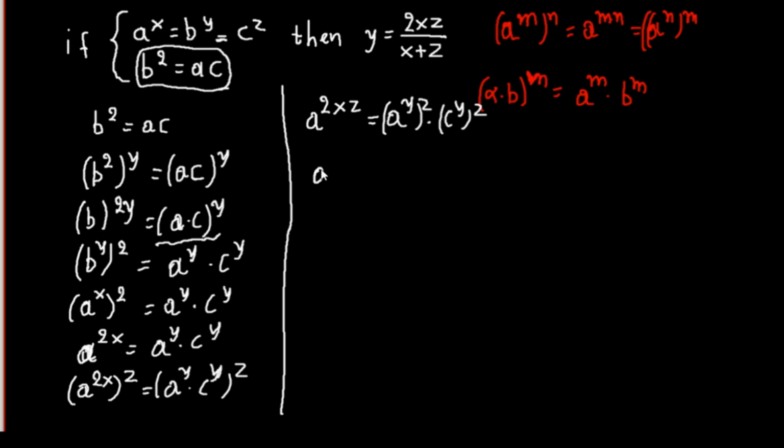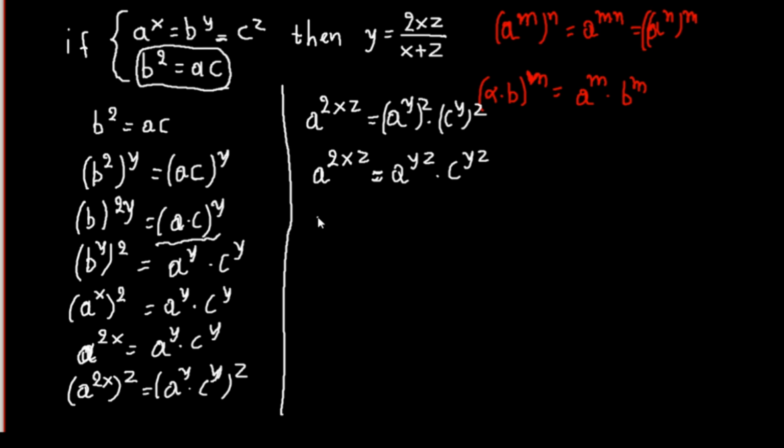Moving over, we have a raised to the 2xz power equals a raised to the yz power times c to the yz power. We have to get rid of c, and we know that c raised to the z power equals a to the x power.